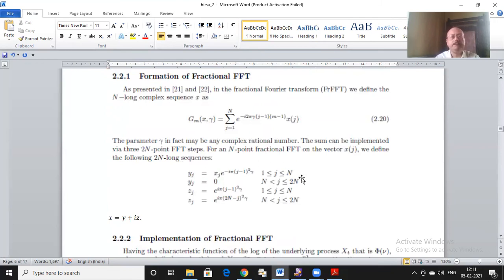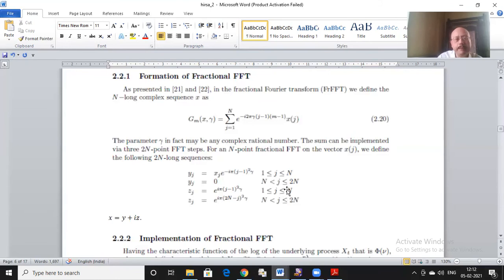So for an n-point fractional FFT on our vector x_j, we define these sequences y_j and z_j in this form, where y_j is given by this expression between 1 and n, and 0 after that. z_j is this expression, so it's like a tent.